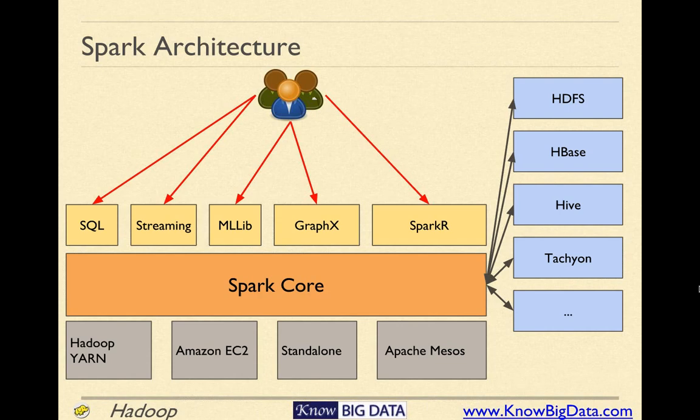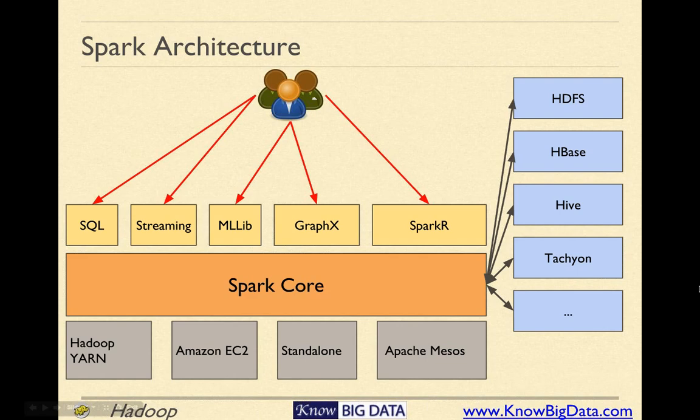If you are trying it out locally, then standalone is good enough. So Spark can run on a cluster managed by Hadoop's YARN, EC2, or Mesos, or if you don't have a cluster, you can go with standalone.